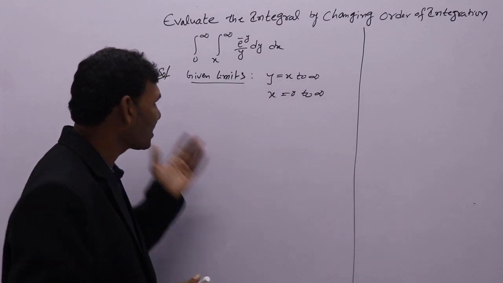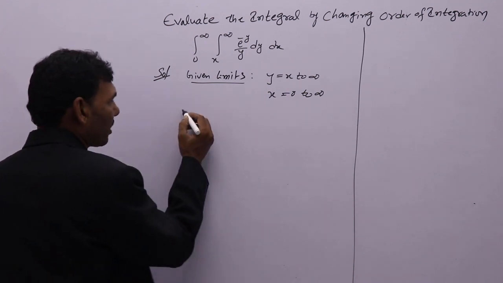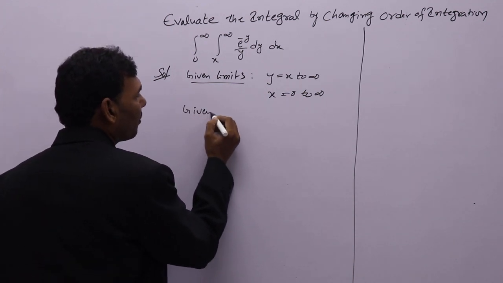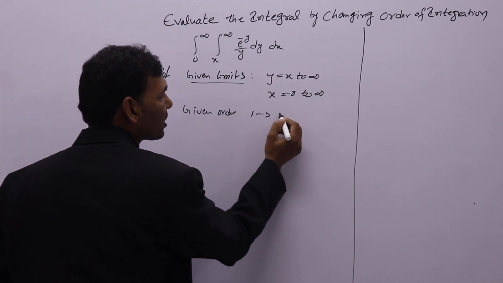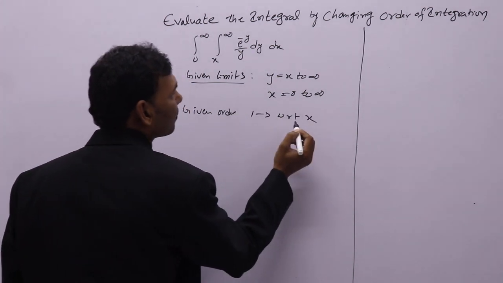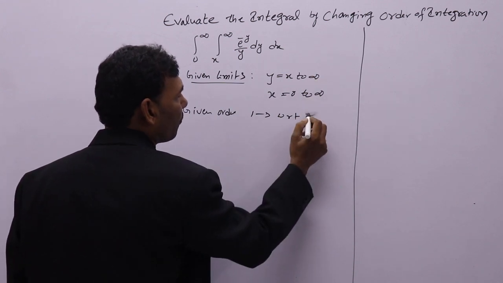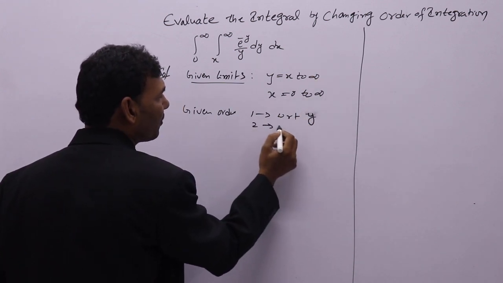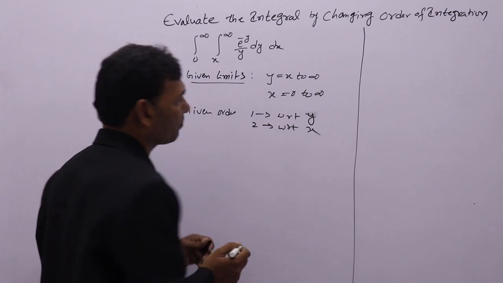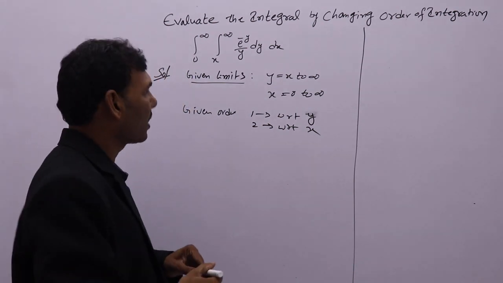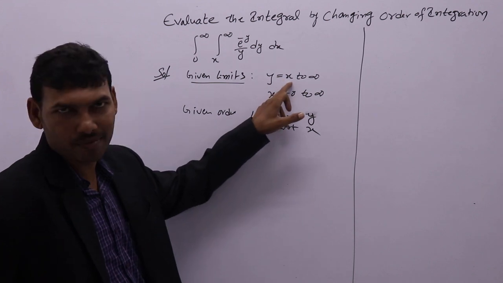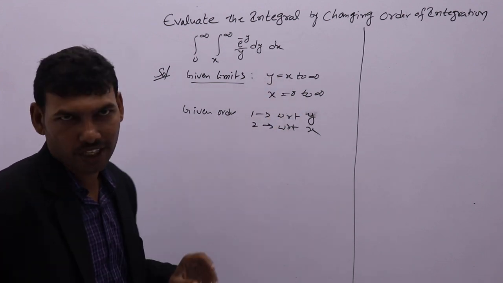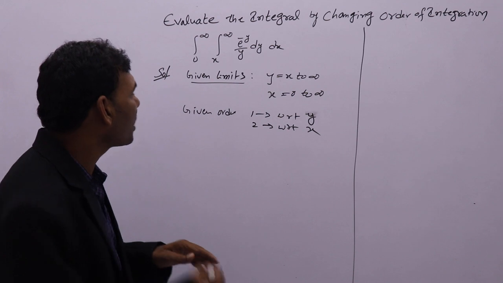As per the given order, first with respect to y, because y limits are in terms of x, next with respect to x. Now we need to change the order.